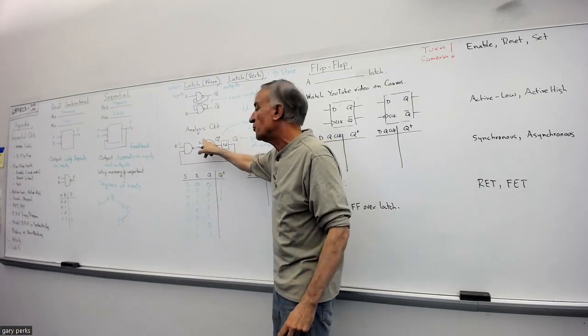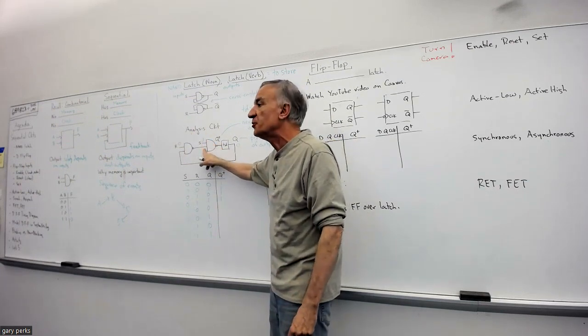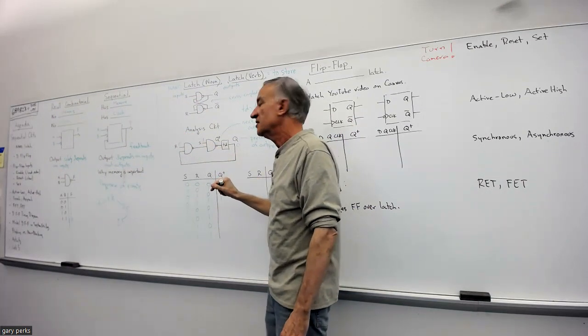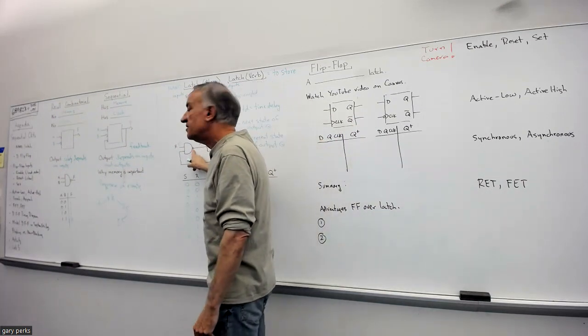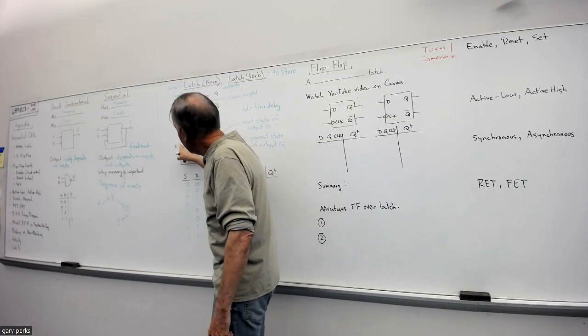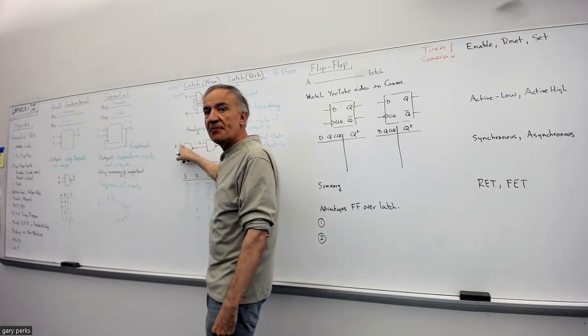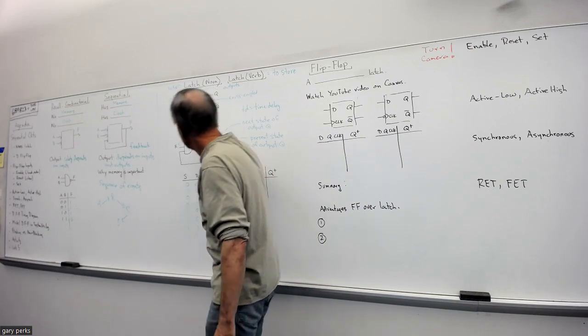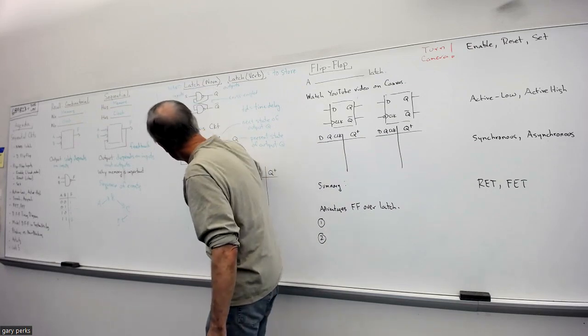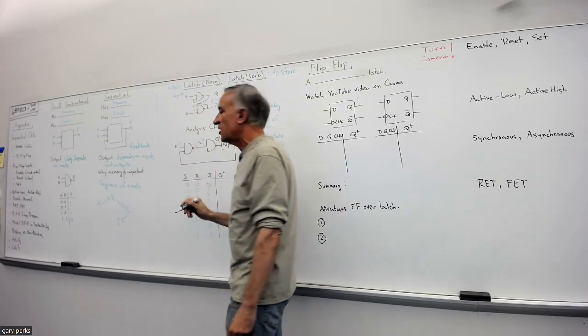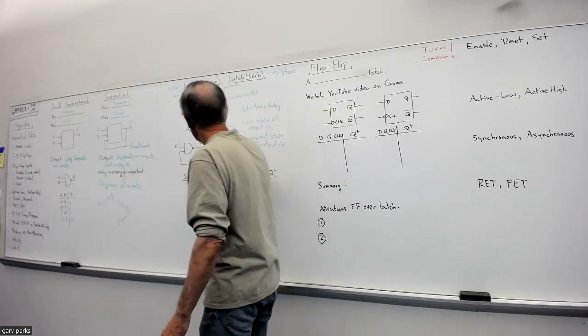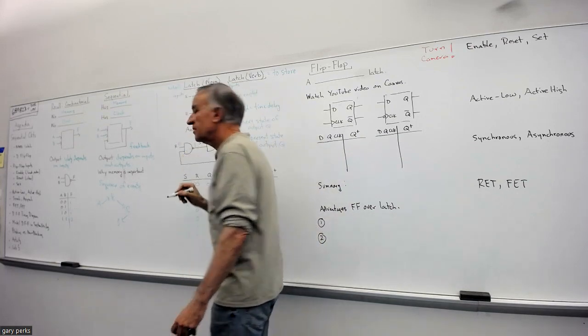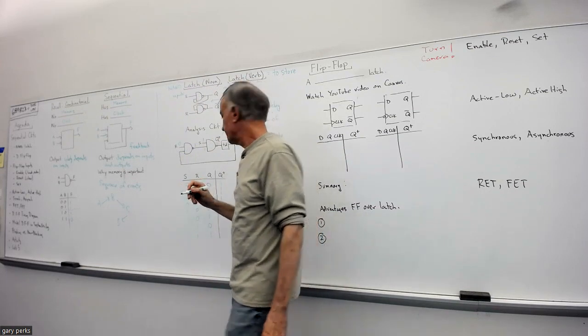If I have an input equal to a 1 to a NAND gate, now I've got to know what this other input is to get the output. Well, this input's connected to the output of this NAND, and this NAND has a 0 as one of its inputs, so this output would be a 1. Which is going to make this input a 1 along with the other input being a 1, and that will make Q plus a 0.